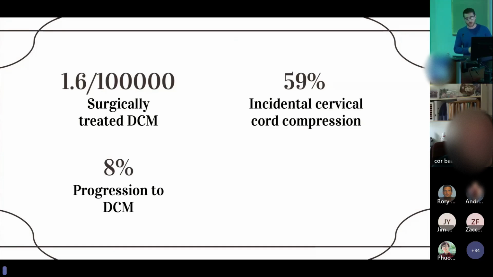A proportion of these asymptomatic cord compressions will go on to develop degenerative cervical myelopathy. The exact figure is unknown. The only prospective study to consider this had 200 patients, and it found that 8% of individuals with asymptomatic cord compression will develop degenerative cervical myelopathy after 1 year, and 22% in total over the study period, which had a median follow-up of about 44 months.